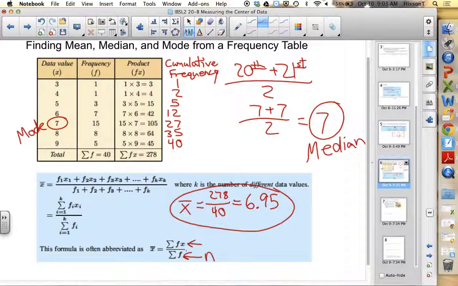Anyone have any questions about any of this? Now, there's a variety of applications. For example, if you're given most of the data and you're given a median, you could use that to find one missing score, or some possibilities at least for a missing score.